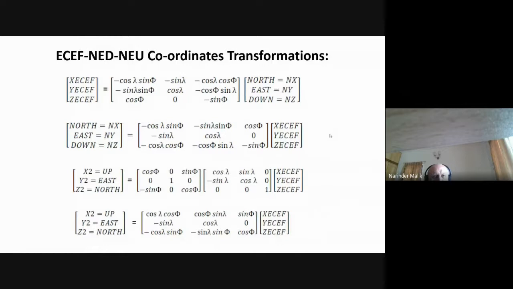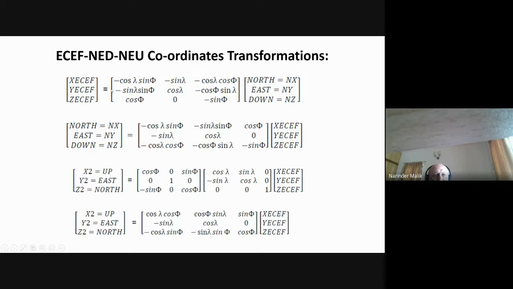So here, lambda and psi are the longitude and latitude of that point corresponding to the ECF frame. So if you know the field direction along this direction as per the model, you can find it out in the ECF frame. From the ECF frame, this is vice versa.